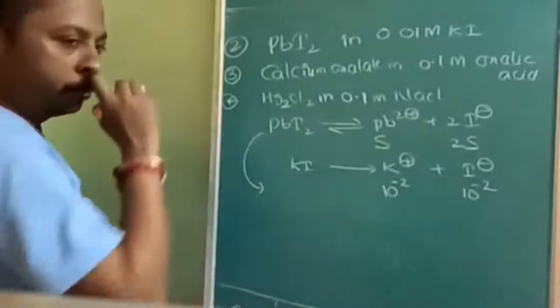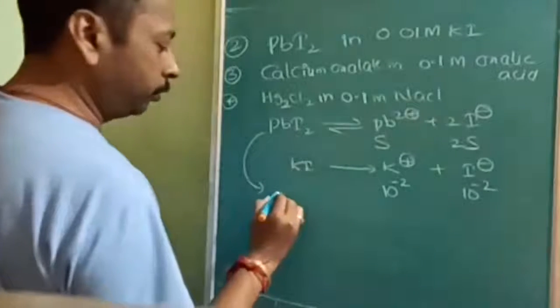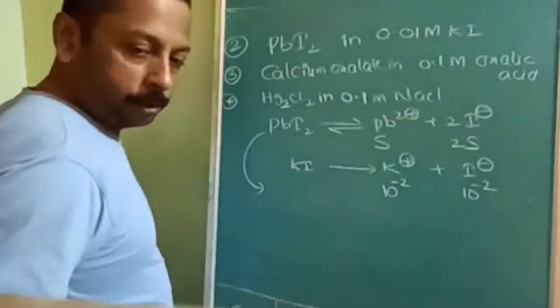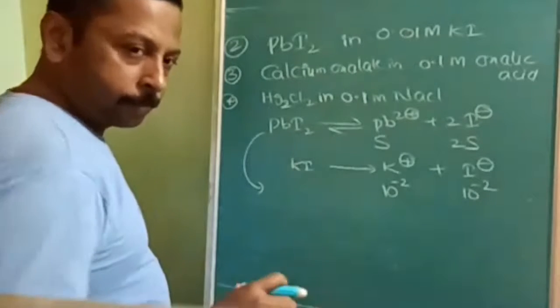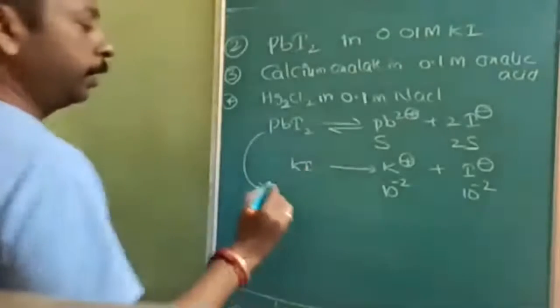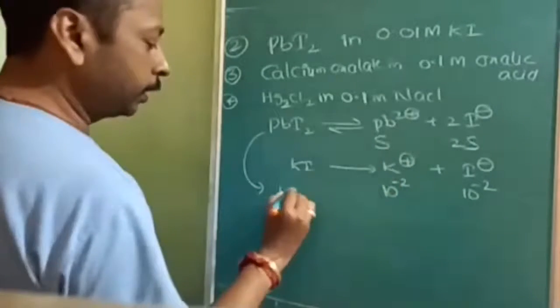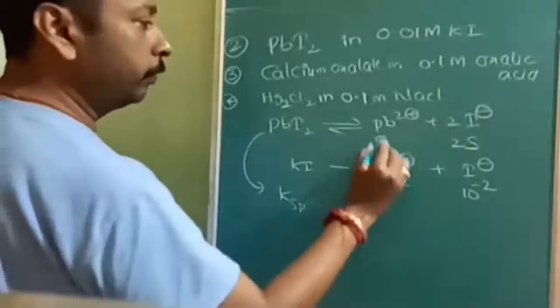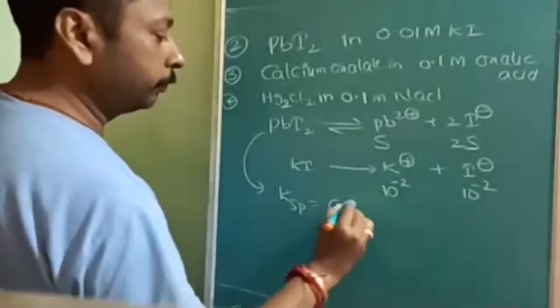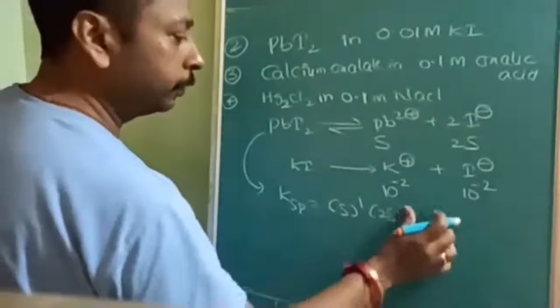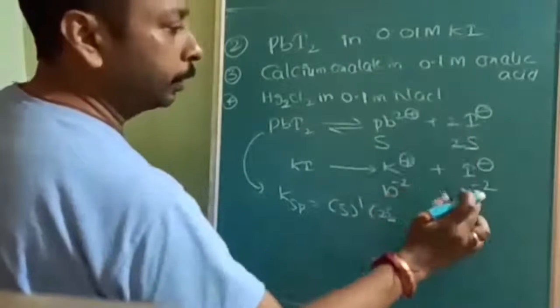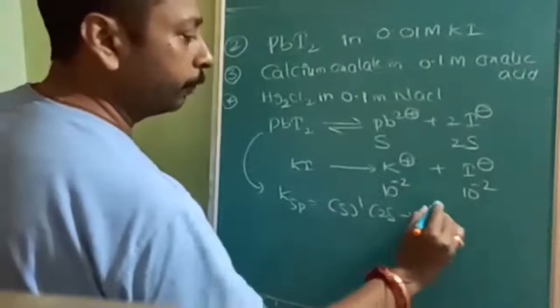But we are worried about the KSP of PbI2. So KSP of PbI2 will be S to the power of 1 and again (2S plus 10 to the power of minus 2) whole squared.